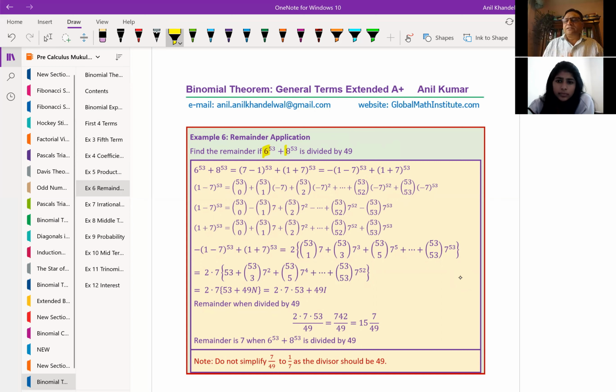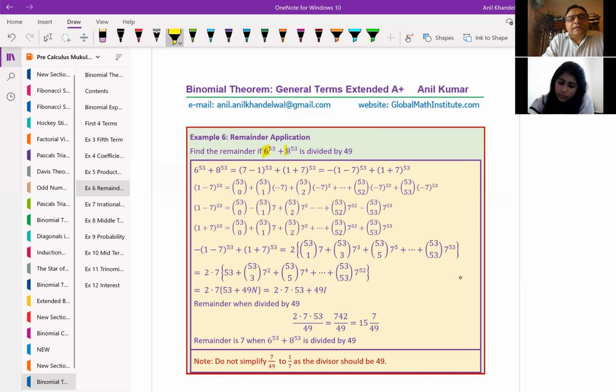When you combine these series, half of the terms cancel away, and twice whatever remains is left. That helps us find the answer. We'll also understand a few more strategies while solving this question. This question is very important in the overall understanding of the binomial theorem and its expansion, which is why we have taken it here.